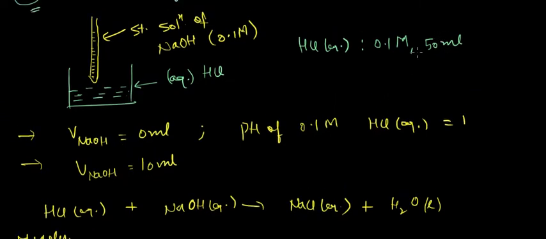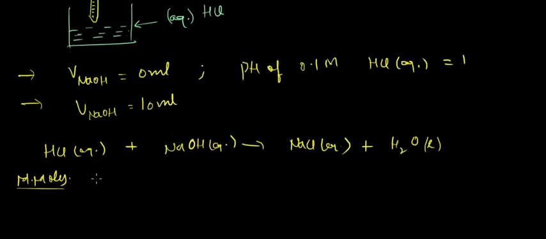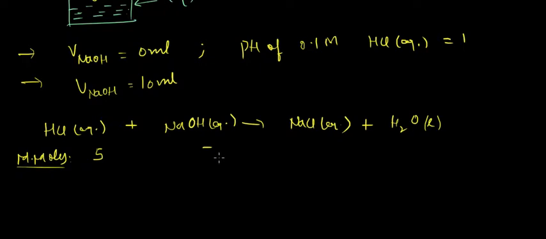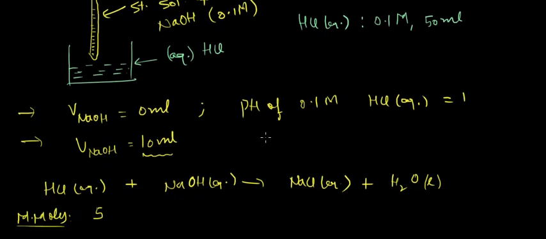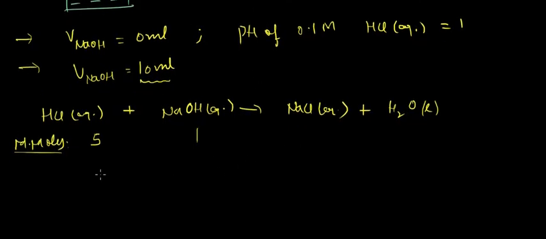Millimoles will be nothing but volume in milliliters times molarity. So millimoles initially would be 5. Now we are dropping 10 ml, so millimoles of NaOH would be 0.1 into 10 ml, which would be 1. After the reaction, HCl would be 4, and NaCl aqueous formed would be 1.